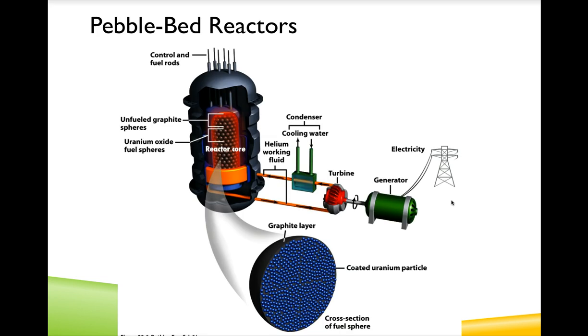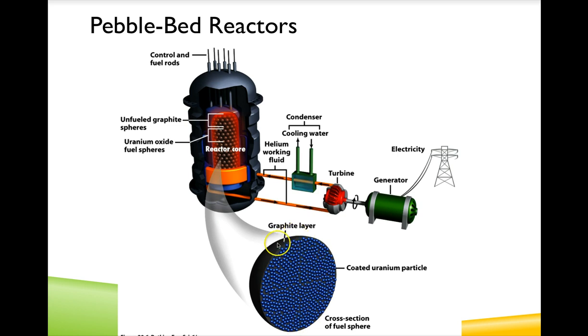Now there's another kind of reactor that's just been developed, and it's a smaller reactor. It's called a pebble bed reactor, because instead of using rods, it actually uses little pebbles. Let's start by explaining what the pebble looks like. Inside every pebble, there are a bunch of tiny uranium particles that are coated in graphite.